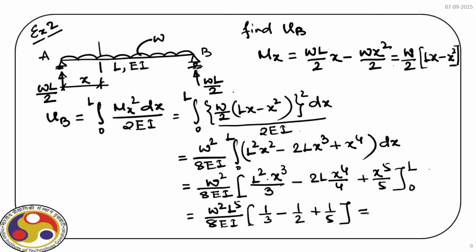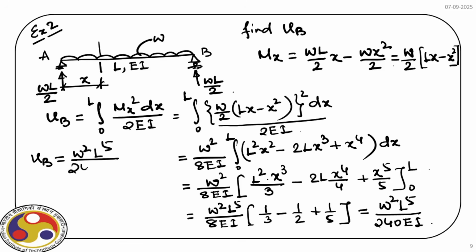Now if you simplify this expression, you will get omega square L to the power 5 divided by 240 EI. So we have evaluated the bending strain energy stored within the beam due to a UDL of intensity omega is omega square L to the power 5 divided by 240 EI.